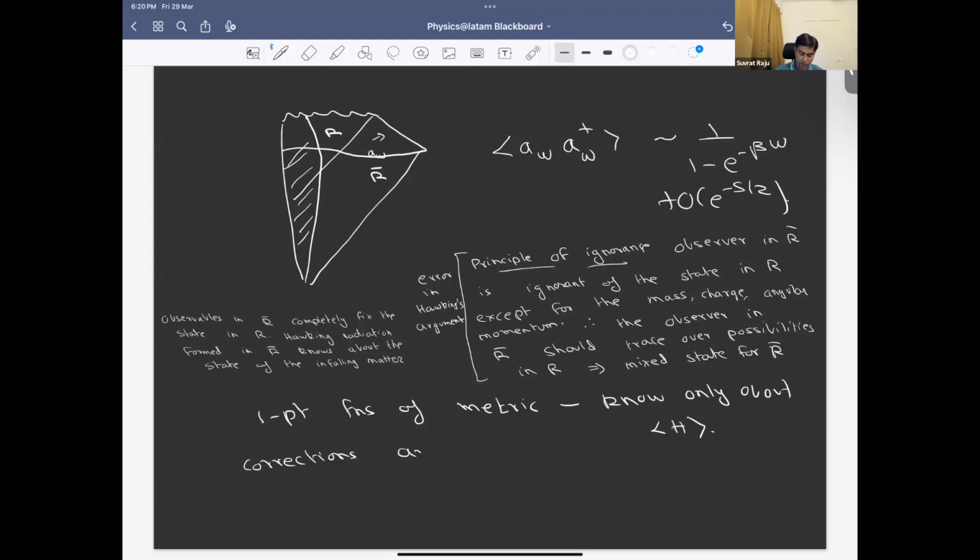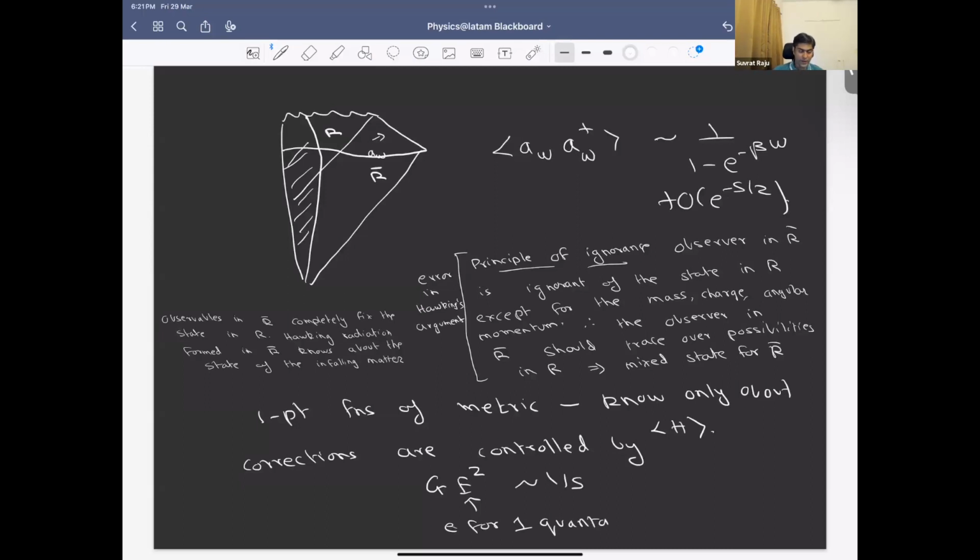Corrections are controlled by, you see, we have Newton's constant, and what's the energy parameter? Quanta. One quanta. And this is 1 over S.